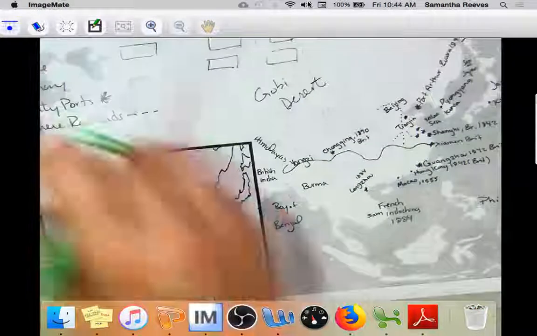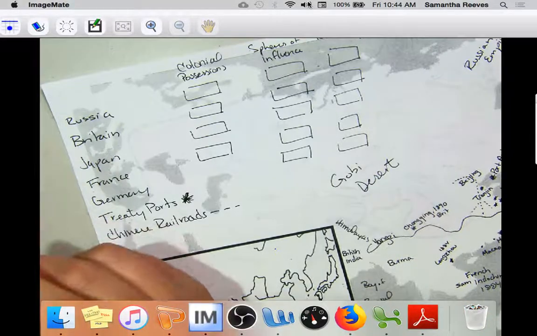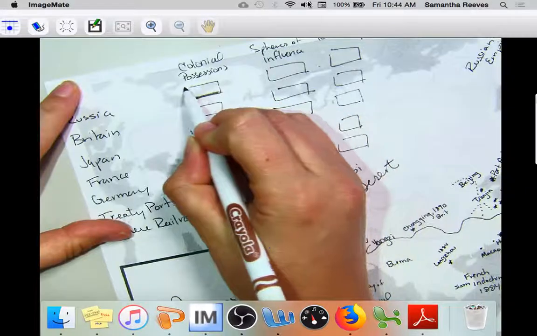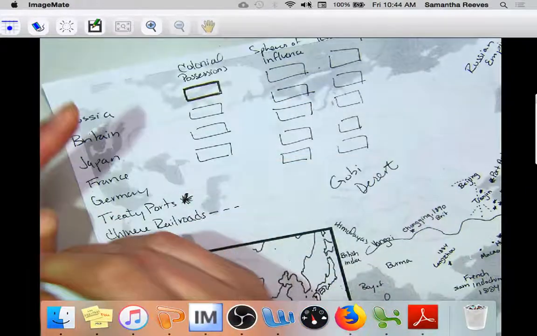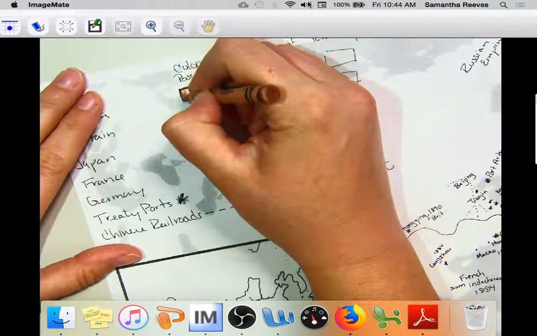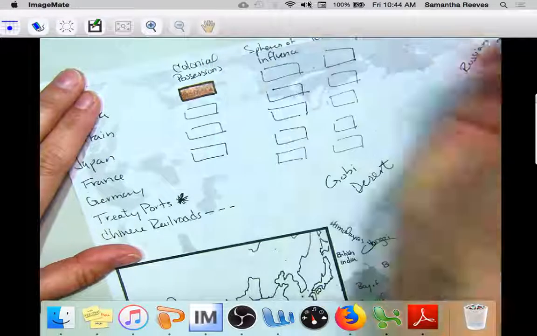So, for Russia, I'm going to use brown. I have a marker, so I'm going to outline the colonial possessions in dark. If you just have crayons or colored pencils, that's totally fine. You're just going to push in really hard and make it really dark.